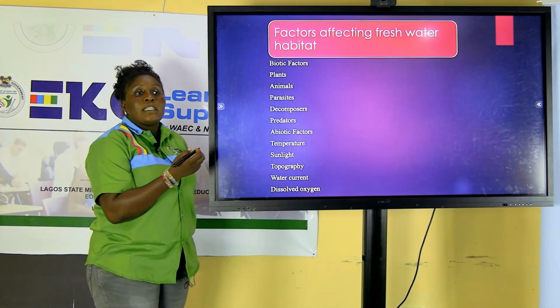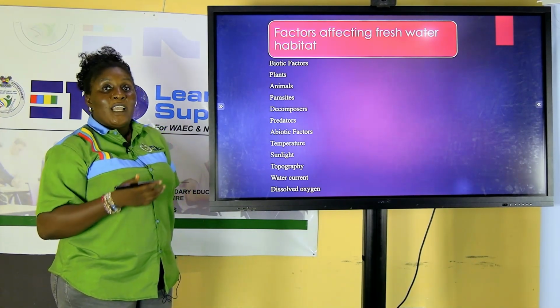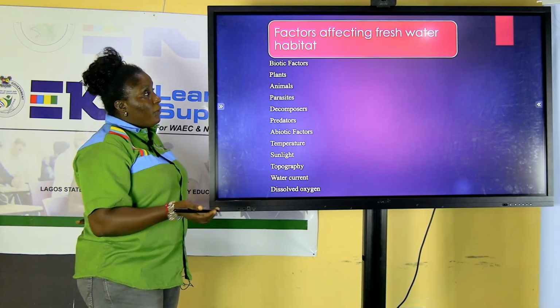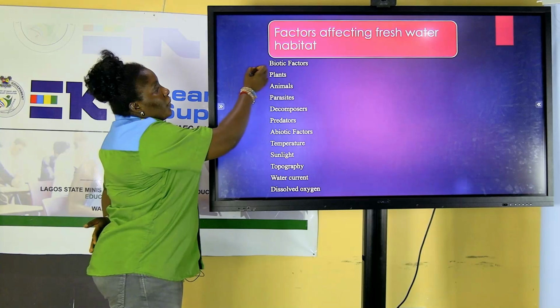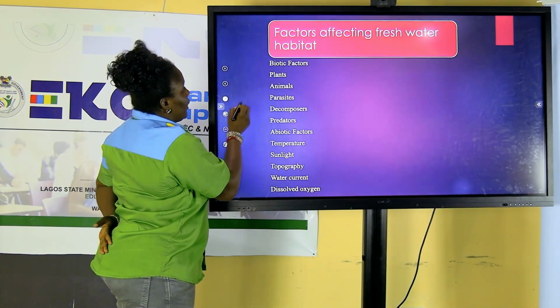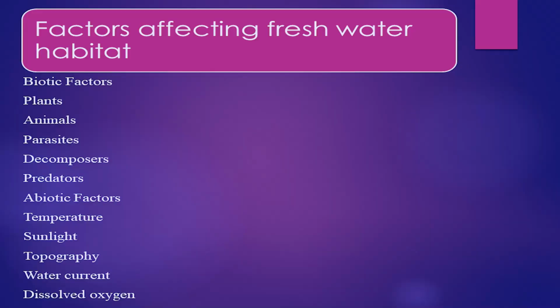Then abiotic factors are the non-living things affecting the habitat. So the biotic factor can be divided into three here. We have the plants, we have animals, and we have the what? Parasites affecting the freshwater habitat.